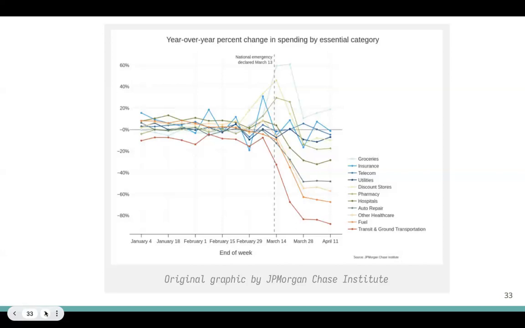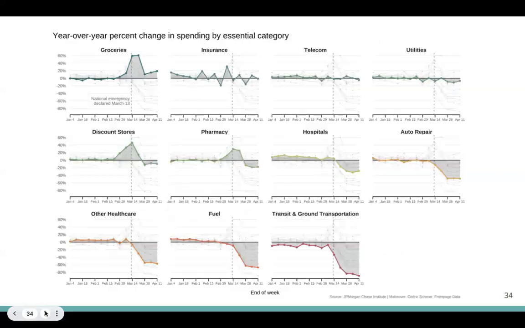So here, maybe one graph is not enough. Maybe you need to make more graphs like these, right? And this is an improvement where he just split that first graph into many, many more graphs. And that really tells you what's going on.